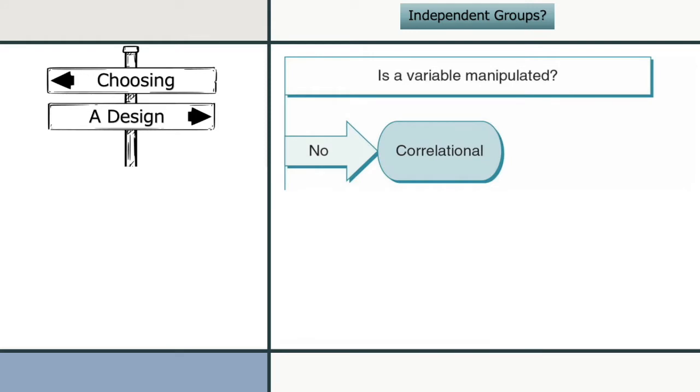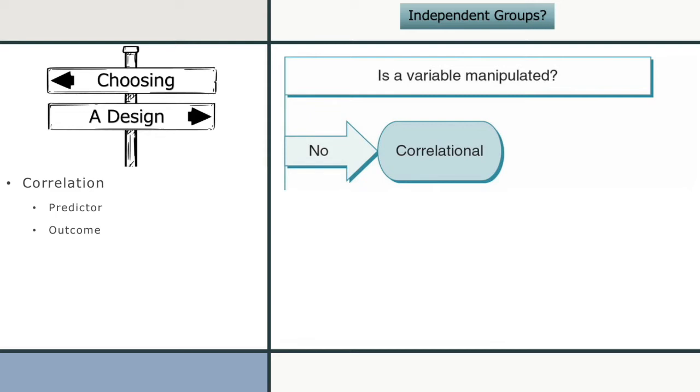And if it's not, then we're talking about a correlation. Remember, a correlation is a descriptive study, actually, that describes the relationship between two variables. In a correlation, we have two variables. We have what we call the predictor variable, X, typically referred to algebraically, and Y, the outcome variable.